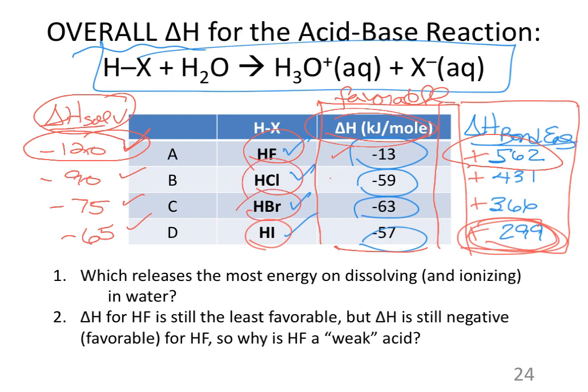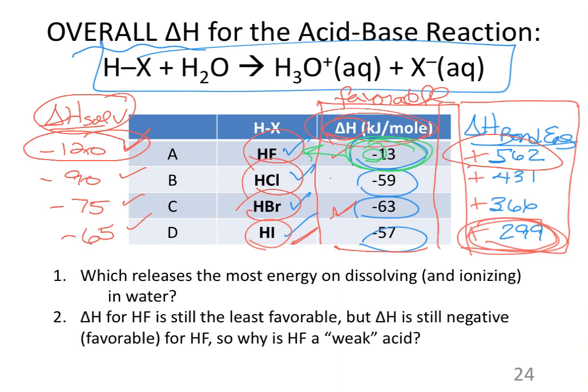But whereas we thought HI might be most favorable because of its weak bond strength, it turns out that HBr is the one that's actually most favorable from an enthalpy standpoint. And most interesting, I think, look at HF. If we only looked at enthalpy, we'd say, oh, well, HF, why isn't it a strong acid? That negative sign, doesn't that tell us it's going to be spontaneous?